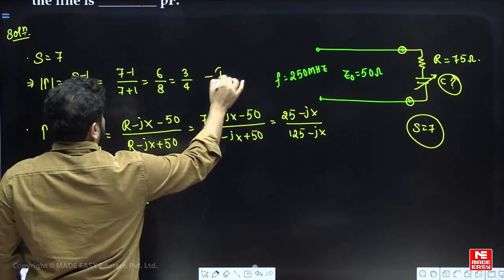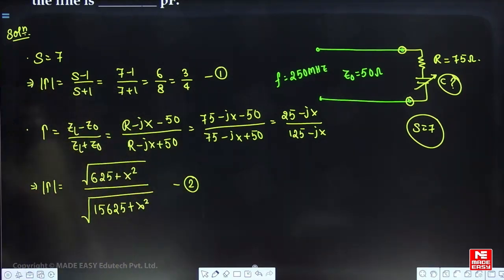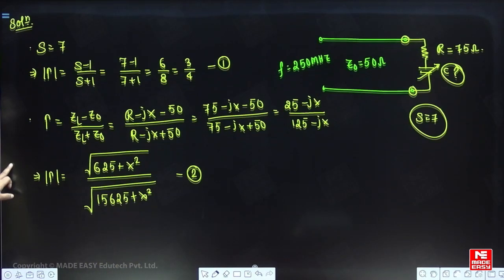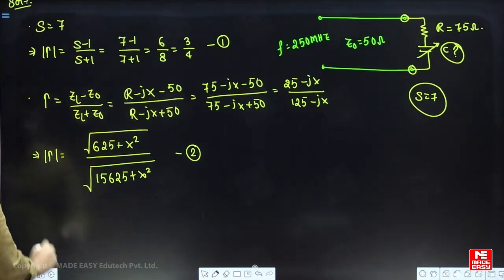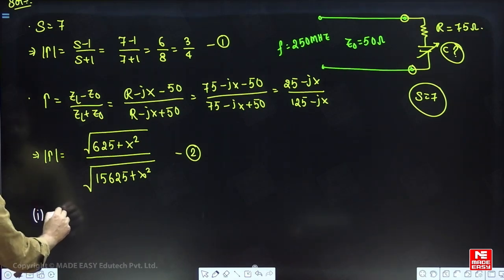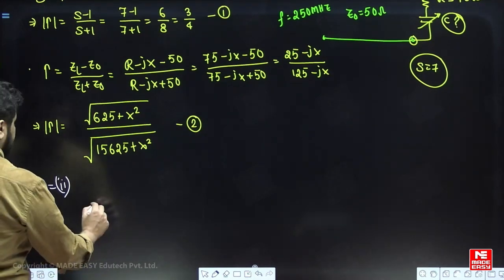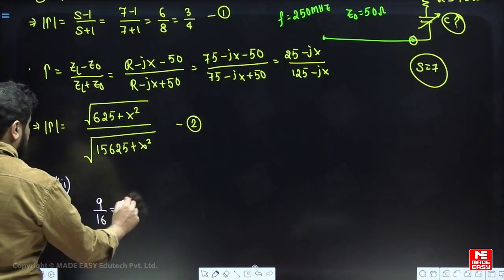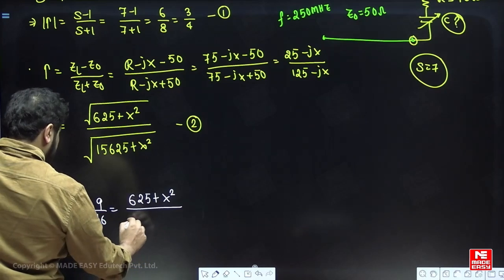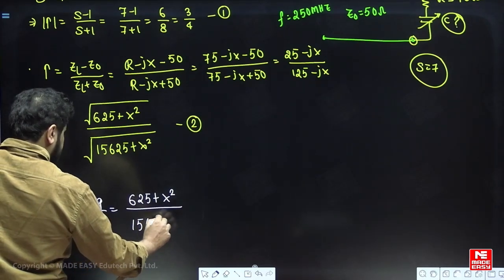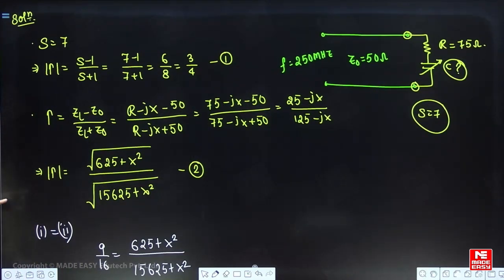If I consider this to be equation 1 and this equation 2, can I say both 1 and 2 should be same? Right. So from here I will get the value of x, and x is nothing but the reactance. So 1 is equal to 2. Therefore I can say that 9 by 16 is equal to (625 plus x square) upon (15625 plus x square). So 1 and 2 both will be same. I hope things are clear till here.